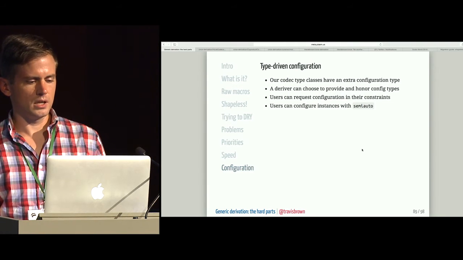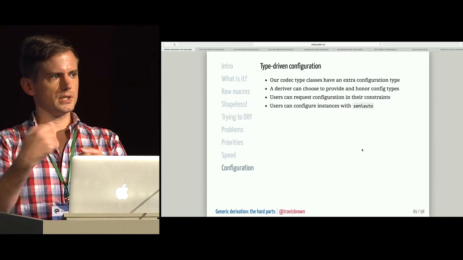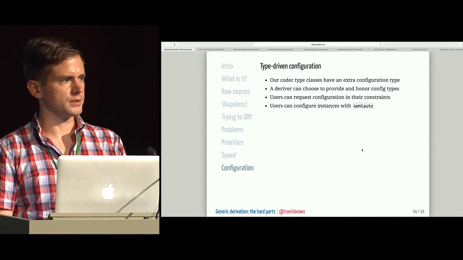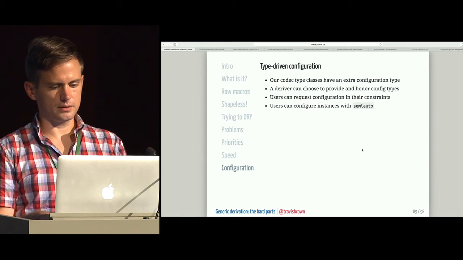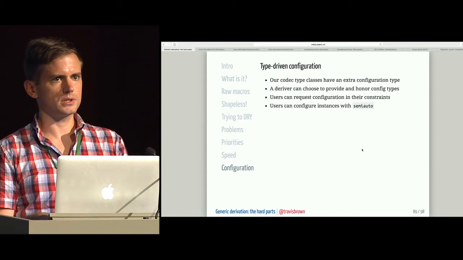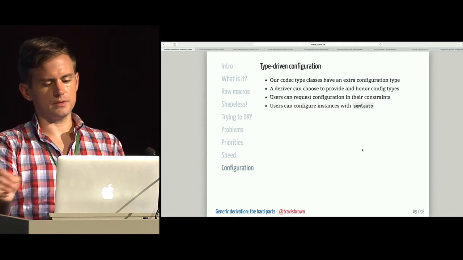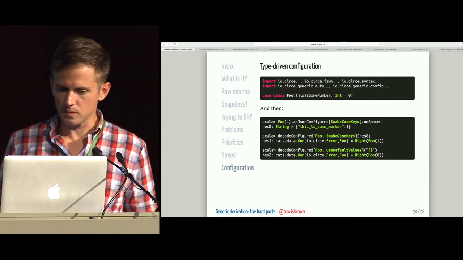And so users, when they put a type class constraint on their method, asking for an encoder or decoder, they can request configuration there. There are also some helper methods that we'll see in just a second that allow you to specify configuration. Or you can just use the semi-automatic approach and, when you're asking for an instance from semi-auto, you can give it the configuration parameter. And this works like this.